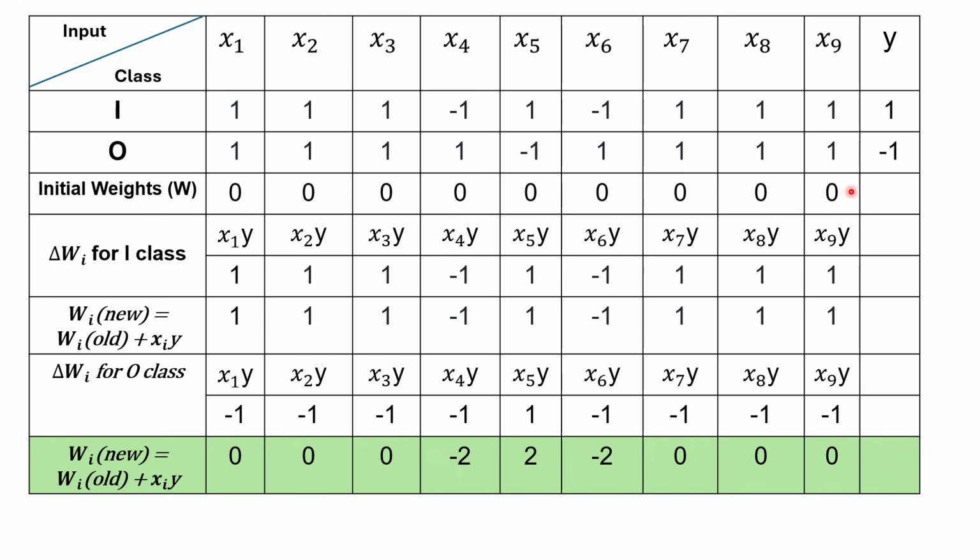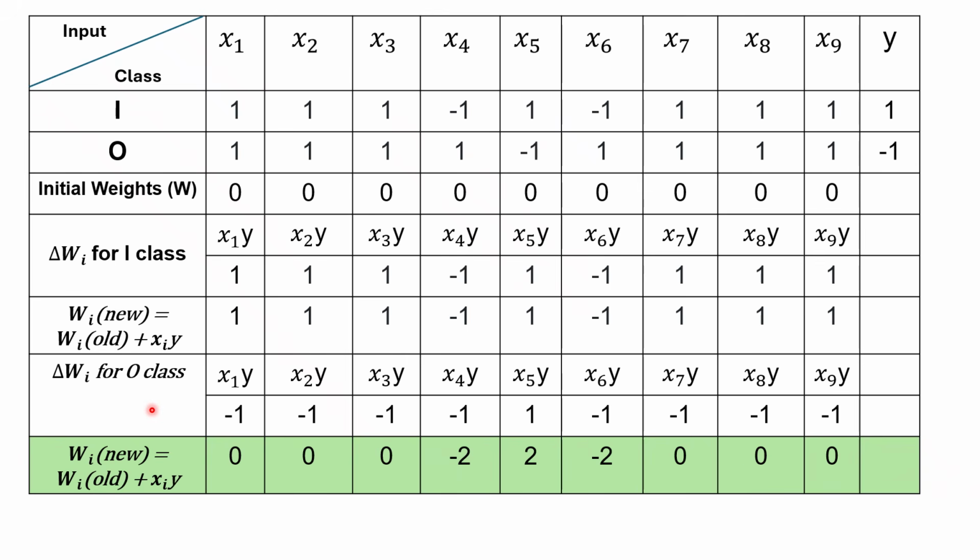So 1 into minus 1 gives us minus 1, and this repeats for the next values, each minus 1. Minus 1 into minus 1 is 1. Then 1 into minus 1 is minus 1 for the remaining values. This is the change in weight for class O.